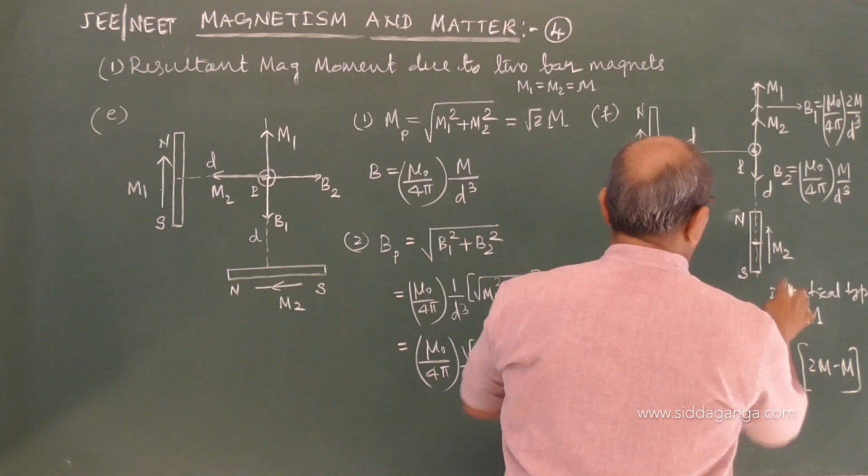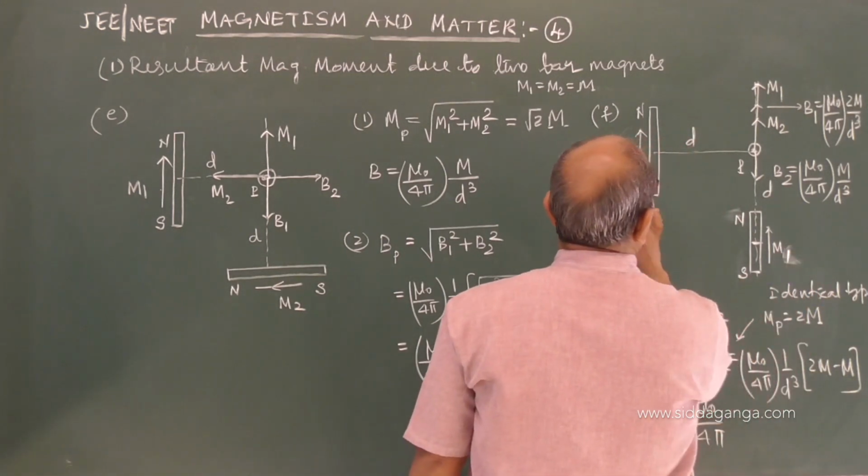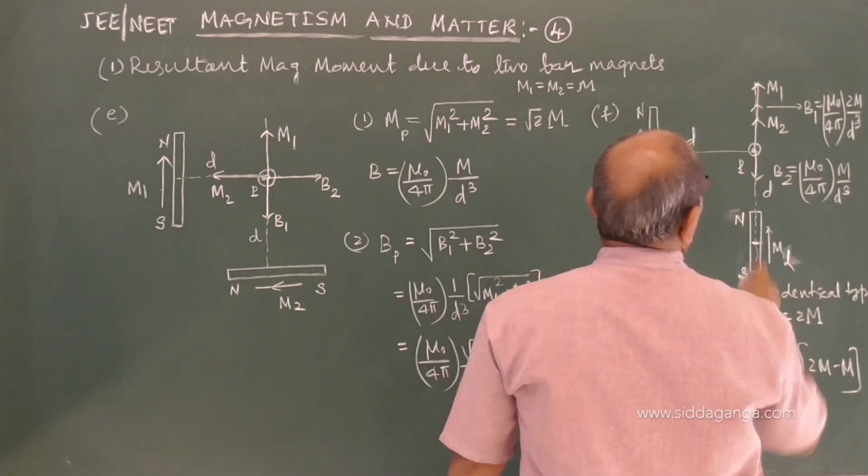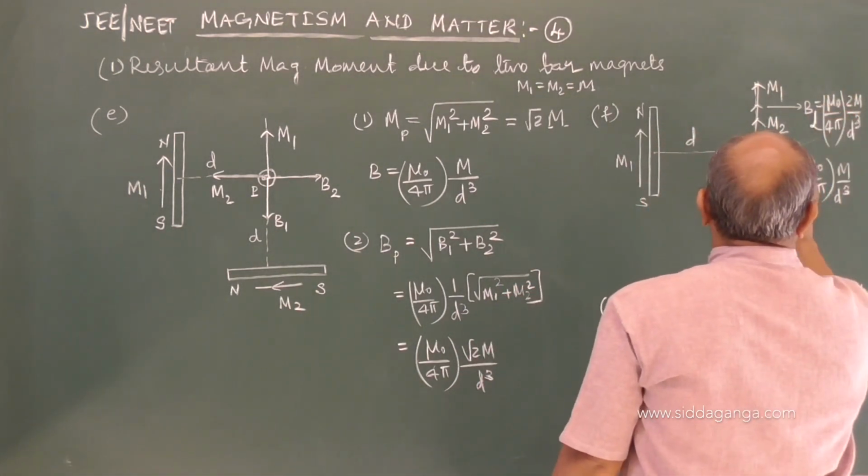B1. Let it be m1 and m2. This field is B2 and this may be B1.